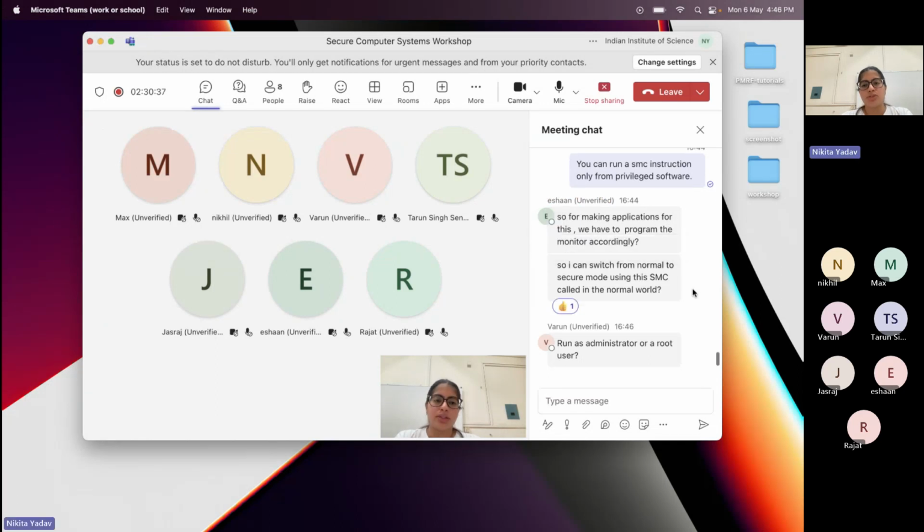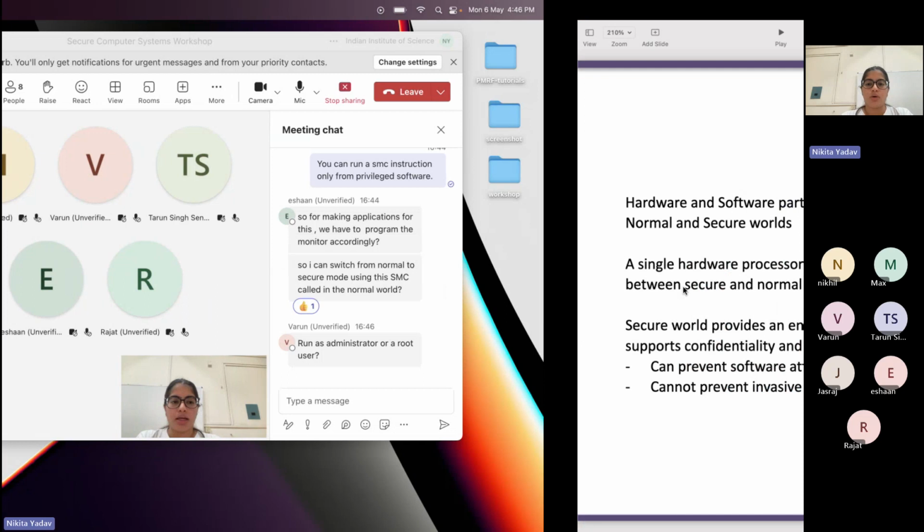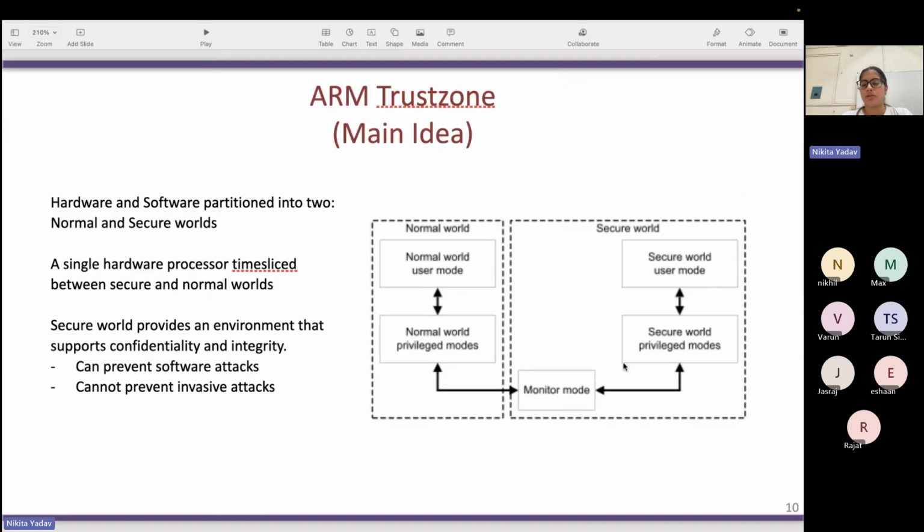Exactly. So you can switch from the normal world to the secure world using the SMC instruction called in the normal world. That is absolutely right. There is only one catch: the ARM documentation says that the SMC instruction can only be executed by privileged software. So SMC is basically a privileged instruction.